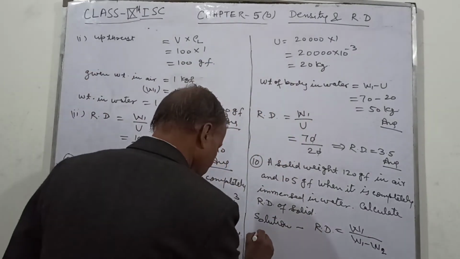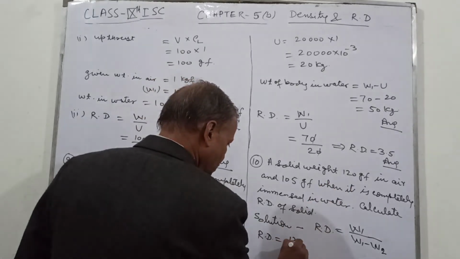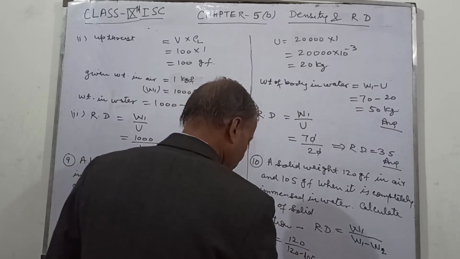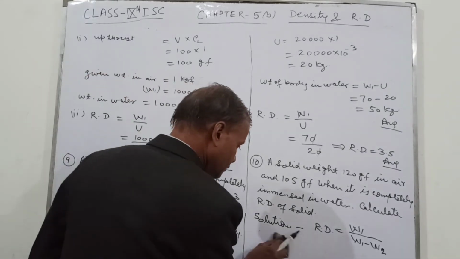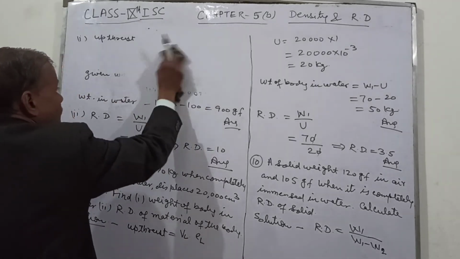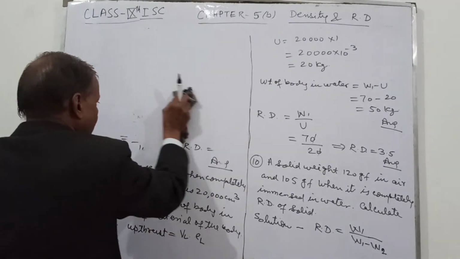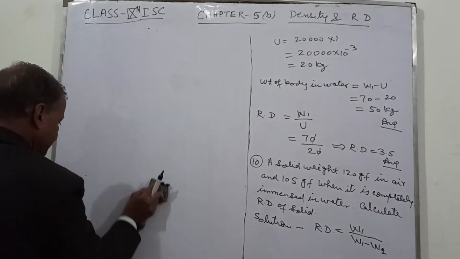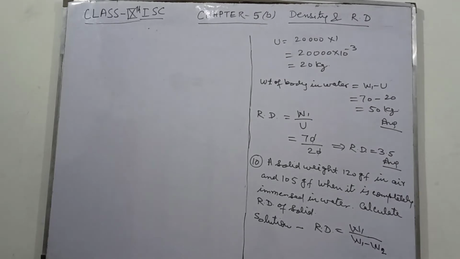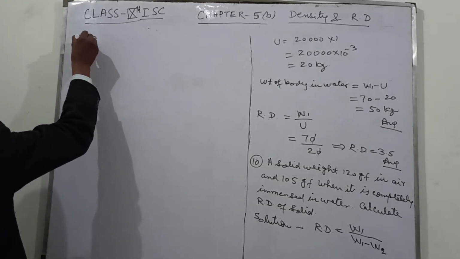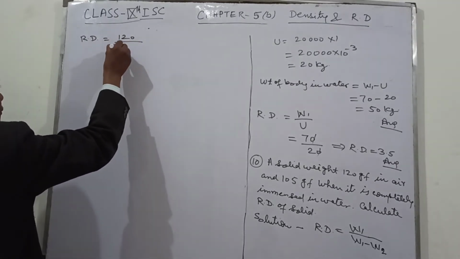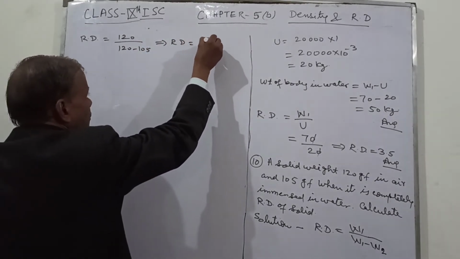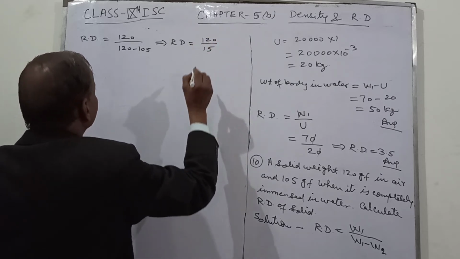So this is your RD, 120 upon 120 minus 105, and that will give you 120 upon 15.